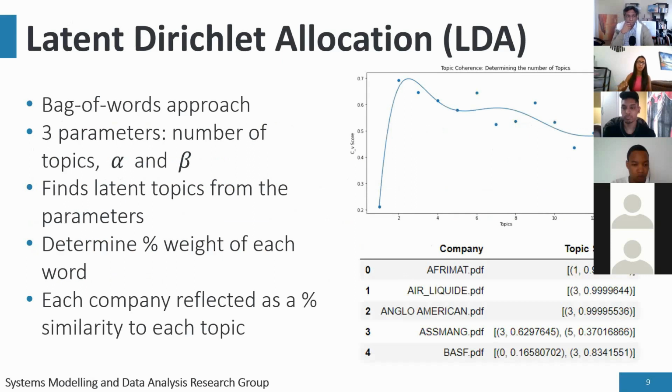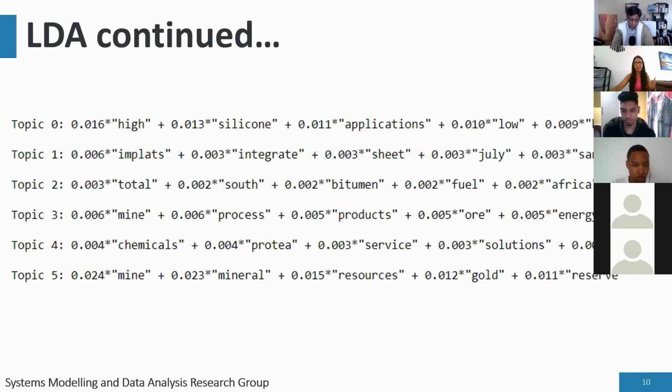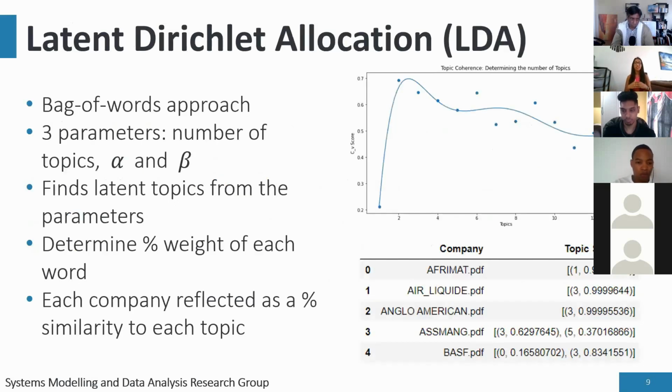Now, this is where the true value in LDA shows, because not only are we saying a document or a company is topic 5, so yes, it is about mining and resources, we can tell the actual percentage of the document, how much is it about mining and how much is it about chemicals, for example. So let's look at BASF, for example.